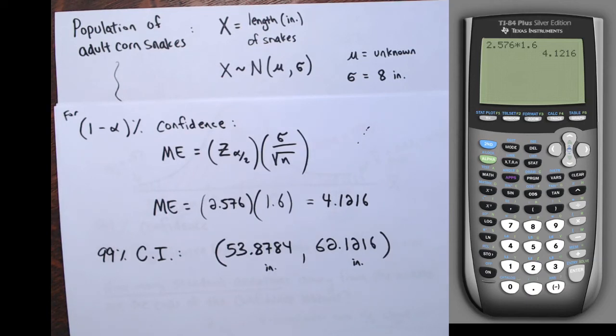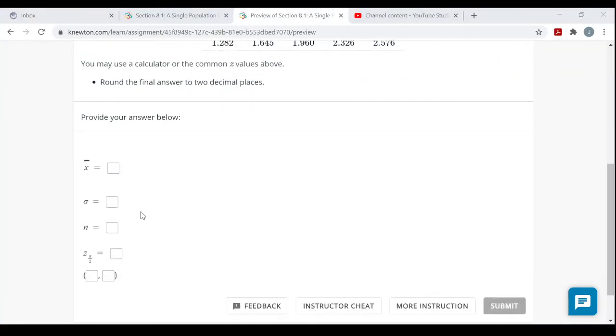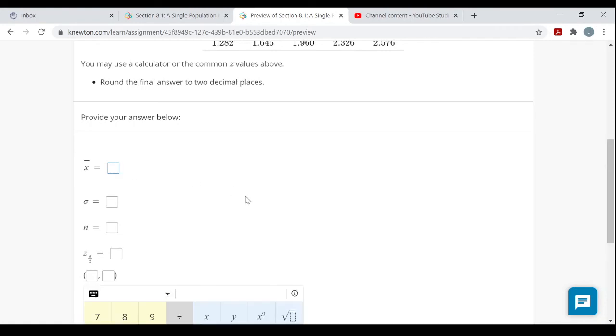Back on the website here, let's go through and fill in all these values. What was x bar? X bar is just that sample mean of 58. They told us that. Sigma was the population standard deviation. Notice that is not sigma x bar, that's just sigma. That was 8 inches, which was also given.